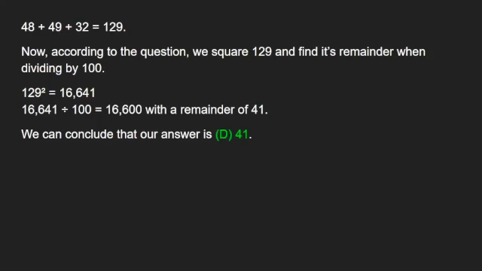Now we divide it by 100, and we get a remainder of 41. Sorry, there's a typo there, so do not think that is a bit weird. But the remainder is 41 either way. So we can conclude our answer is 41.